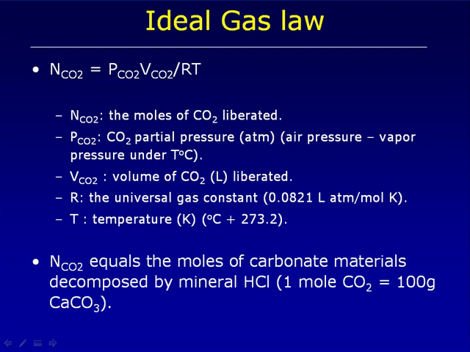Now, for every 1 mole of CO2 gas that is evolved from our protocol, that's equivalent to 1 mole of carbonate. And 1 mole of CO2 then is equivalent to 100 grams of calcium carbonate.